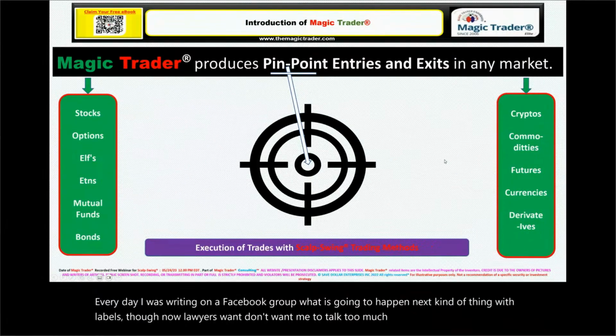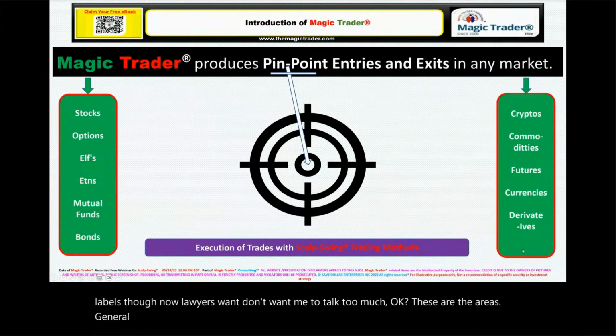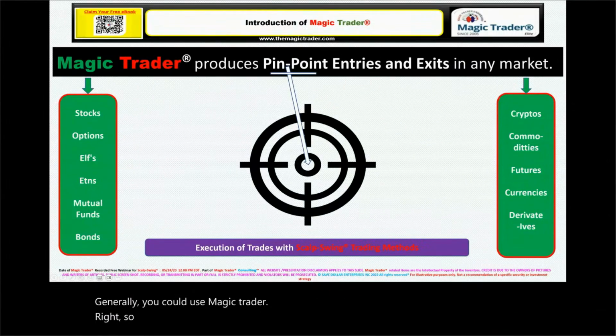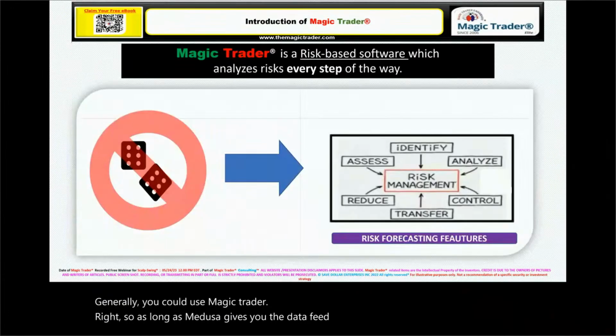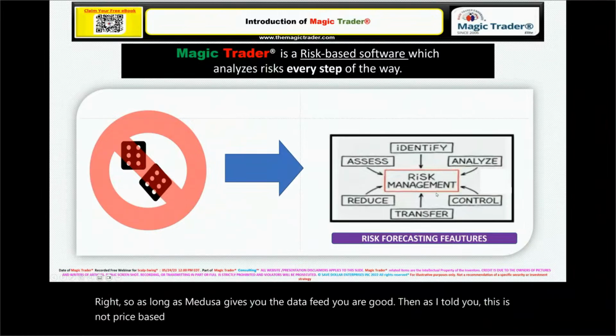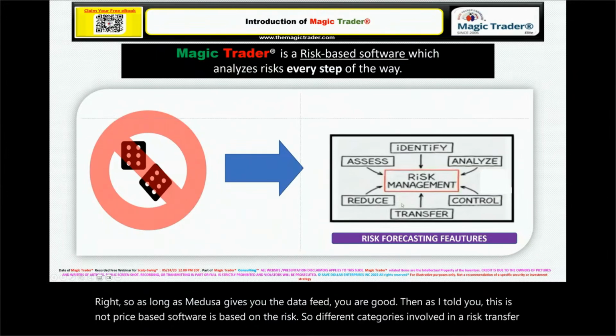Okay. These are the areas generally where you could use Magic Trader. As long as MetaStock gives you the data feed, you are good. Then, as I told you, this is not price-based software, it's based on risk. Different categories are involved in a risk: transfer, control, analytical work, access.